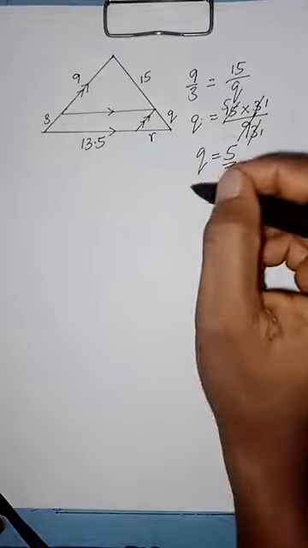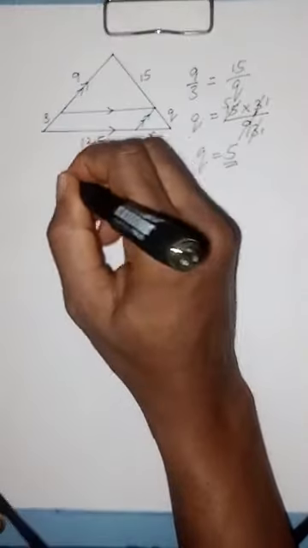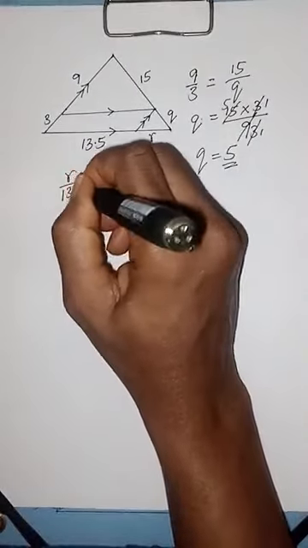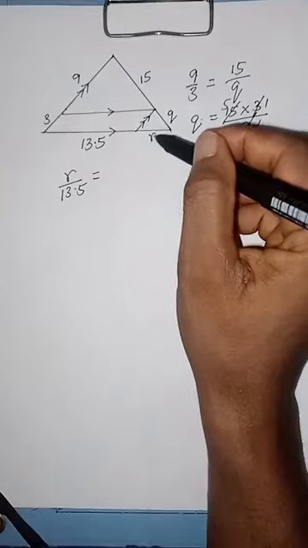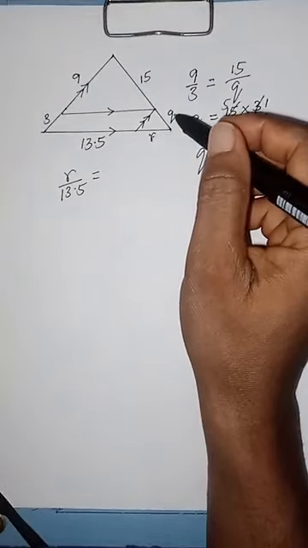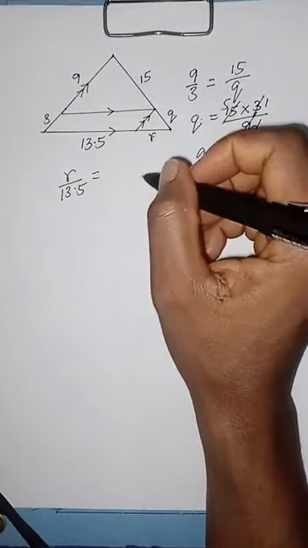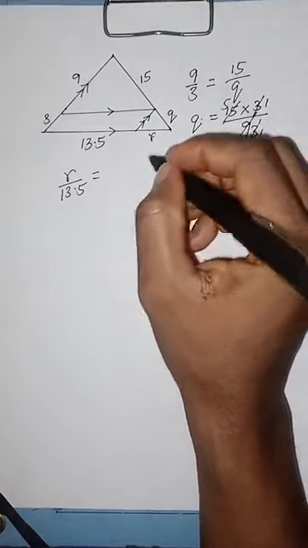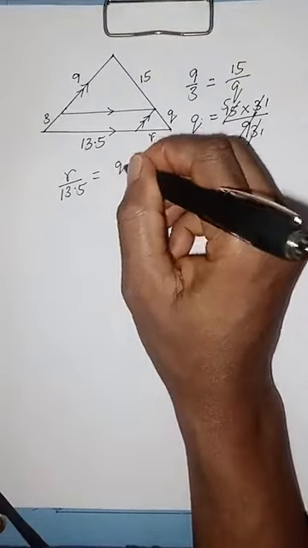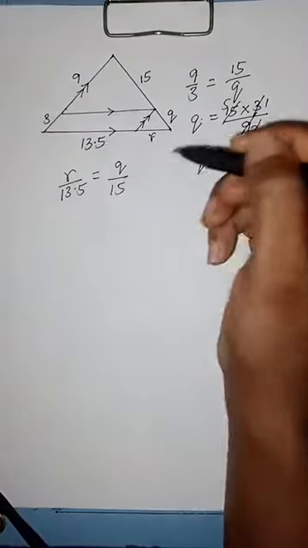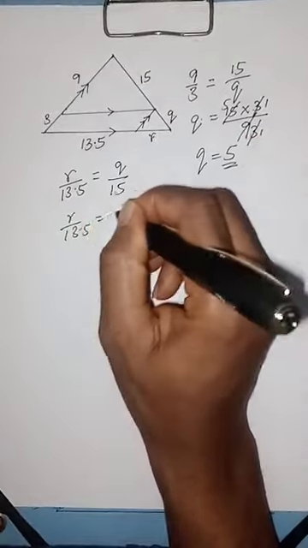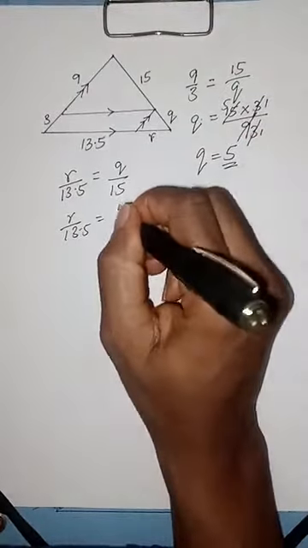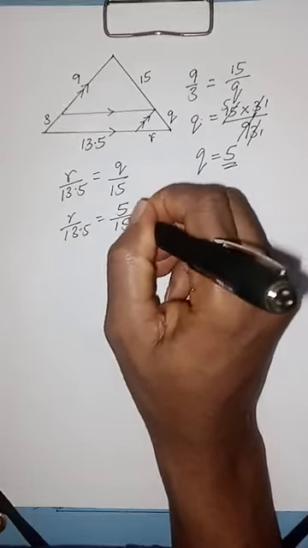So this would be R ratio 13.5 equal to, you see, I pick this R, so I'm going to pick Q, not 15. It's going to be Q ratio 15. And since I already know the value of Q, I substitute it inside: 5 ratio 15.